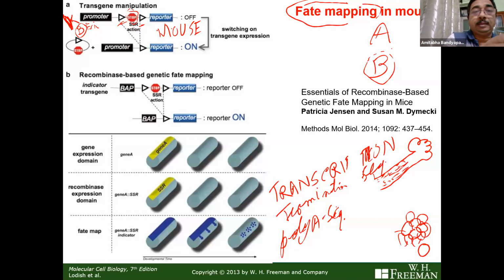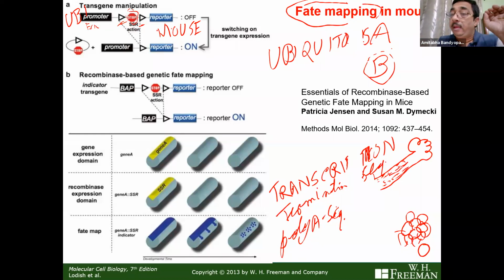This promoter enhancer is ubiquitous, meaning it can drive expression of a gene in any cell type, like actin or tubulin.